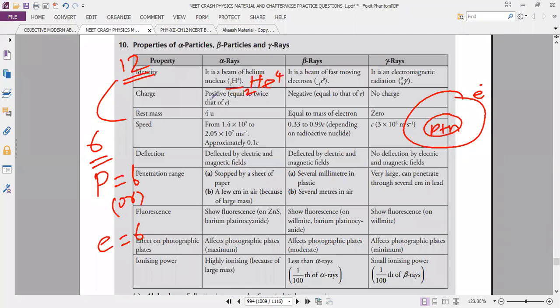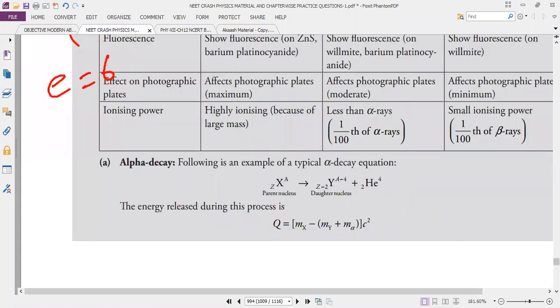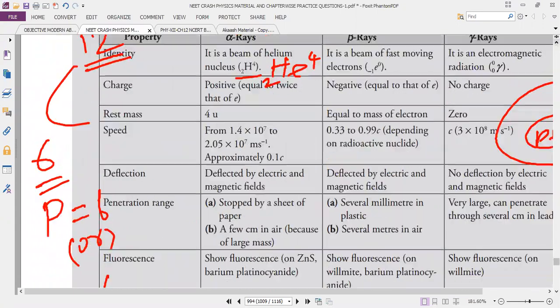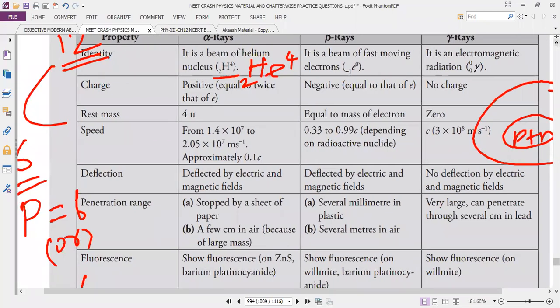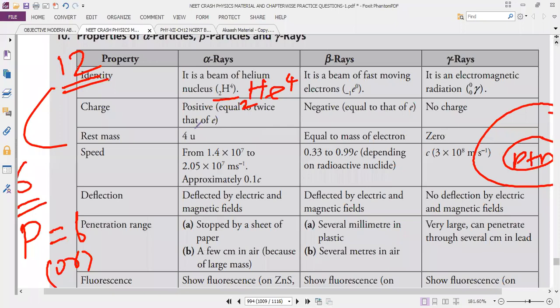Next one, beta. Beta means fast moving electrons. One minute, I will zoom. The value of beta is e, 0, minus 1.